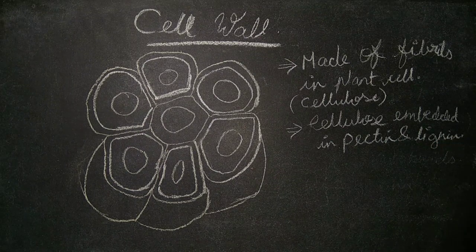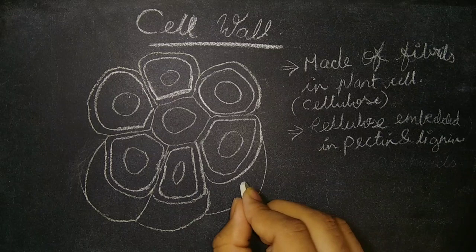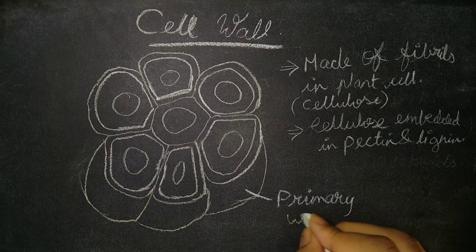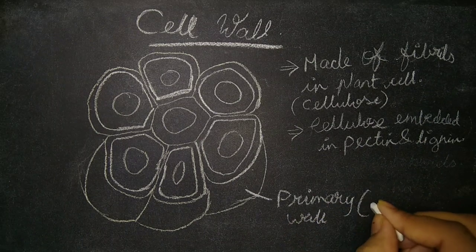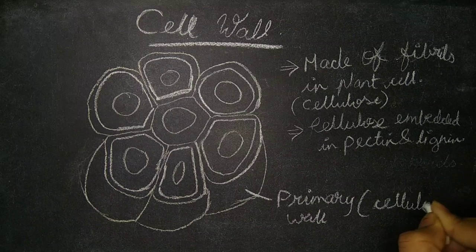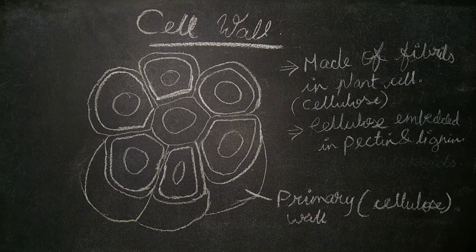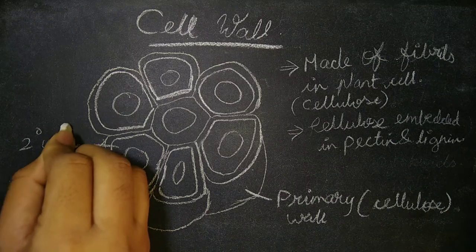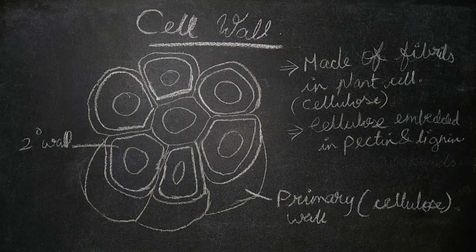It also provides mechanical strength to the cell, and the cell wall usually consists of three parts. First is the primary wall, which is usually made up of cellulose. Then the secondary wall, which is also called a dead cell, with tracheas and sclerenchyma as examples.